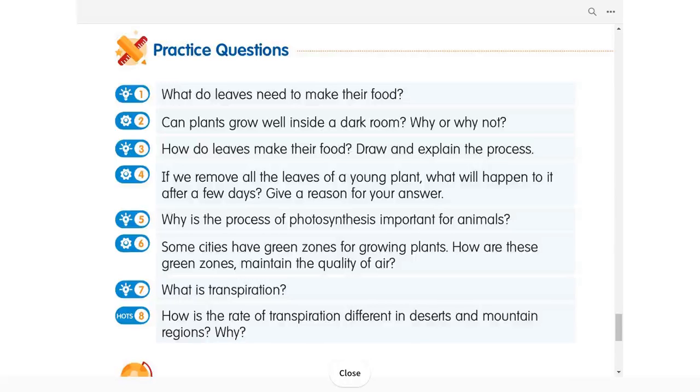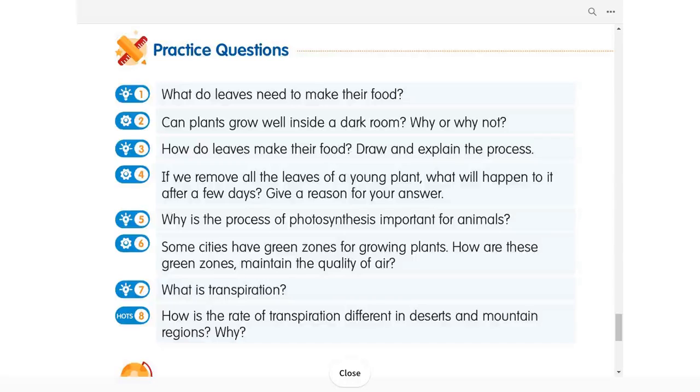The climate in a desert is hot, so plants transpire more to keep themselves cool. A mountain region mostly has a cool climate, so plants transpire less. We already learned transpiration helps to keep the plants cool. So plants transpire more on a hot, sunny day as compared to a cool day. This process is similar to sweating. Humans sweat more on a hot day to keep the body cool.